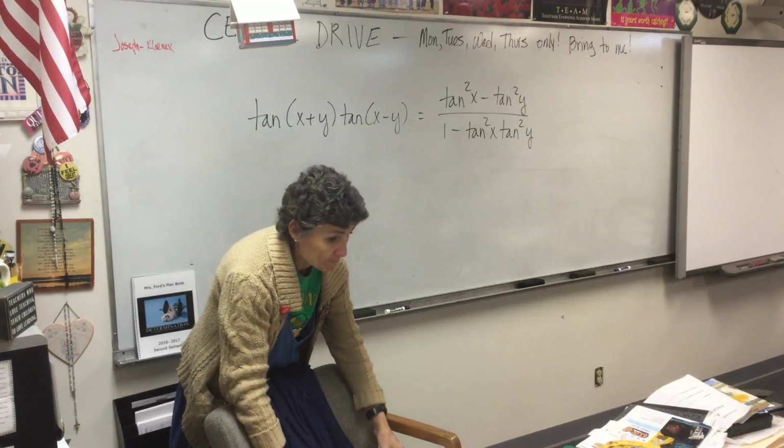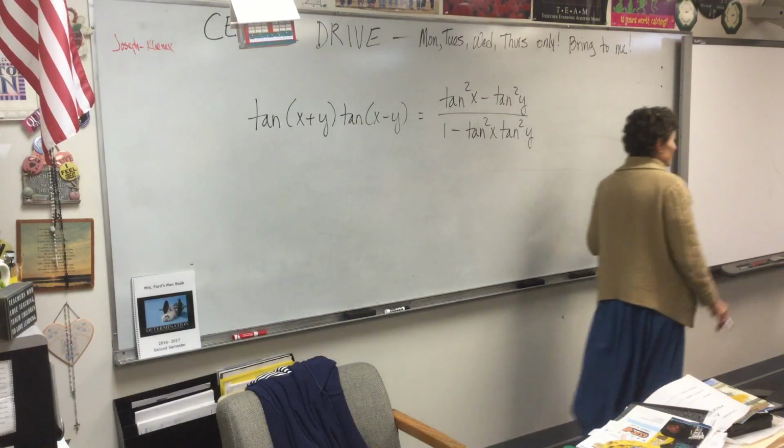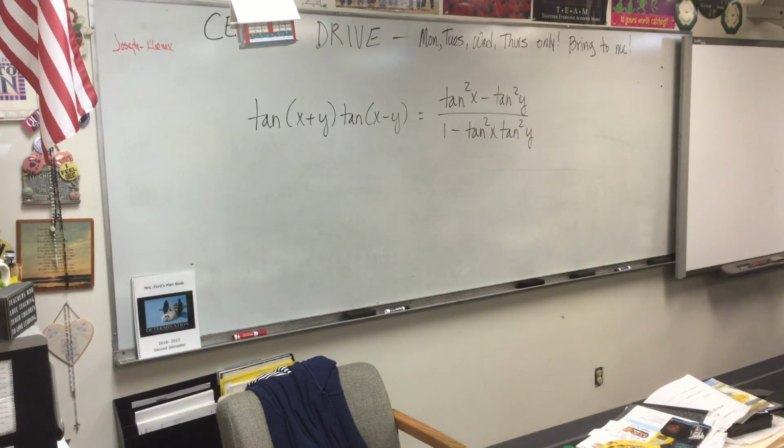Well, remember, you can do whichever side you want. Myself, I'm going to be starting on the left, only because I know there are formulas for the left side. And when there are formulas for the left side, I know I can at least do the formula. Remember, I get no points for doing nothing. So if I can see something to do, I'm going to do that. I'm just going to put it in the fraction.